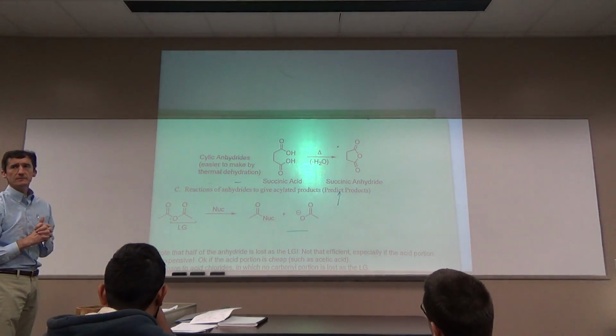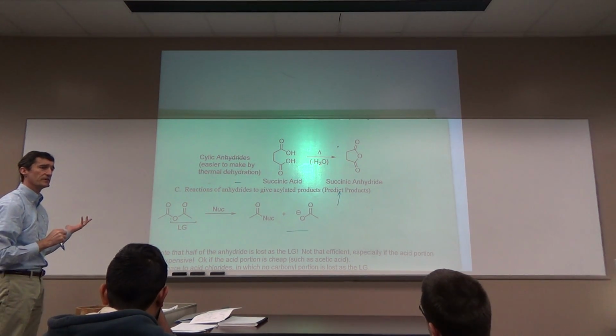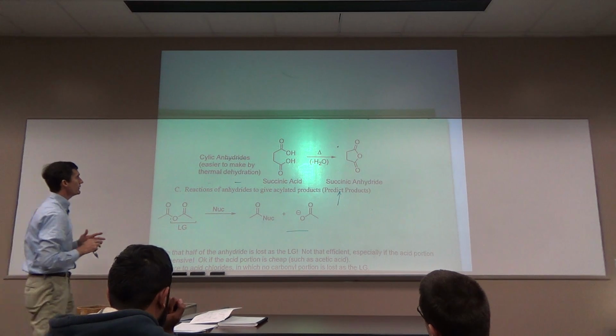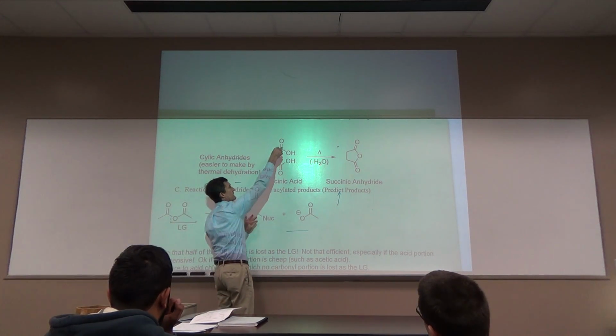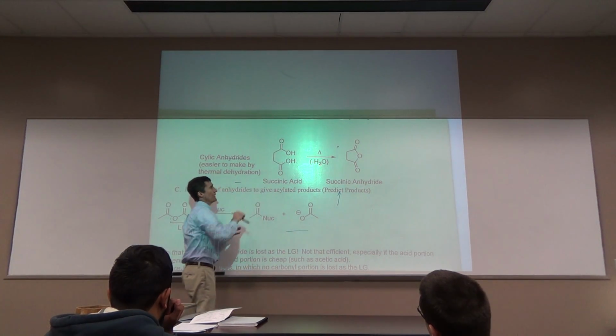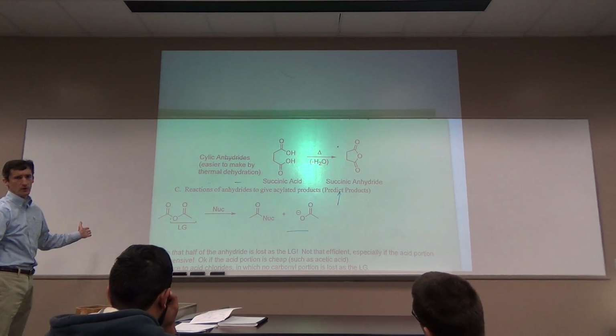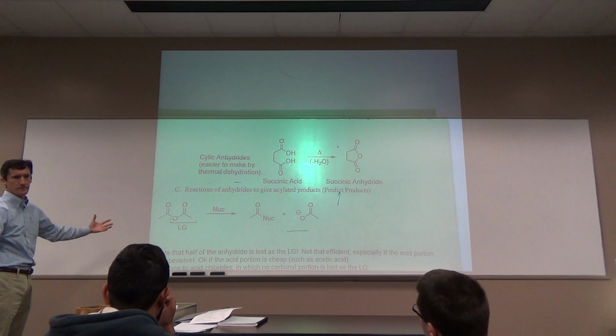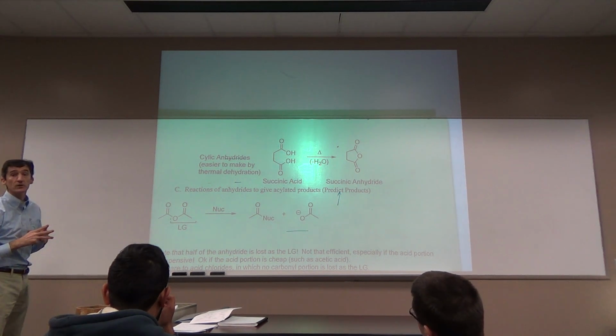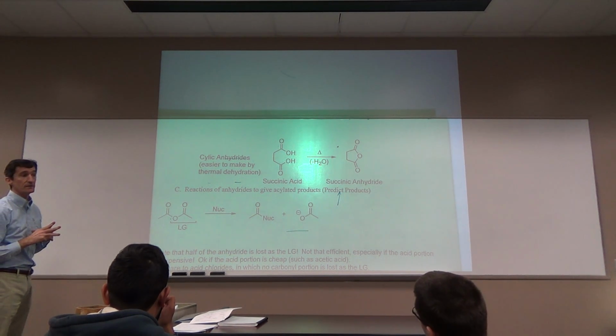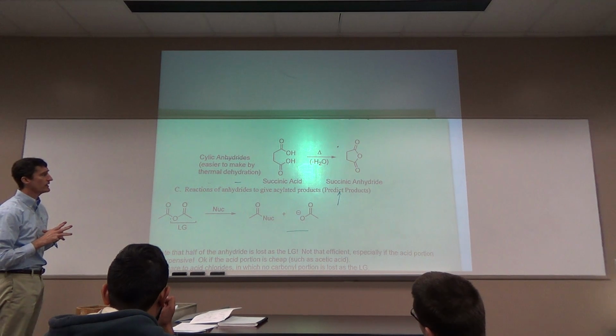It actually tends to be a little bit easier than the non-cyclic. Really what we're going to say here is this being a dicarboxylic acid, and when it self-reacts, this is an intramolecular dehydration. These tend to be easier and a little bit more common.